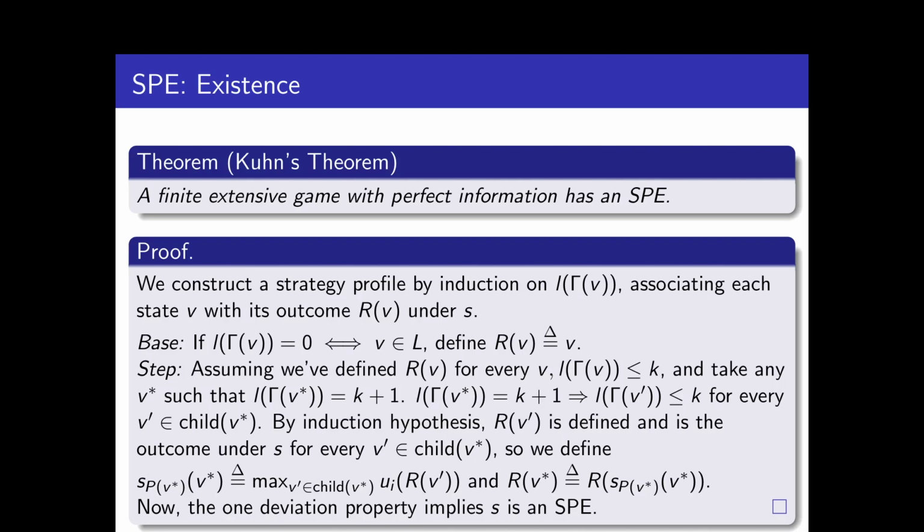So the base of the backward induction is a leaf. For any leaf, there is nothing to define, no action to take. So the height of the tree is 0 if and only if it's a leaf, and we define R to be this leaf. So that's the outcome.